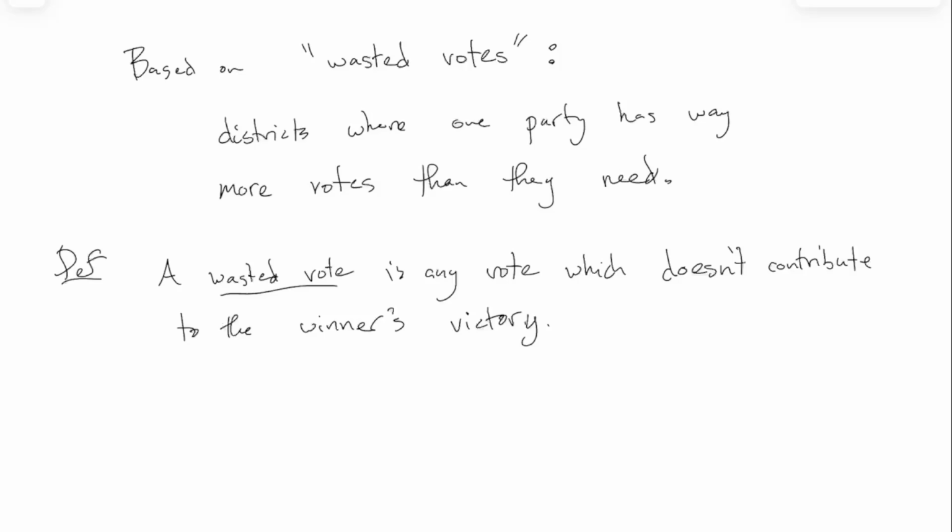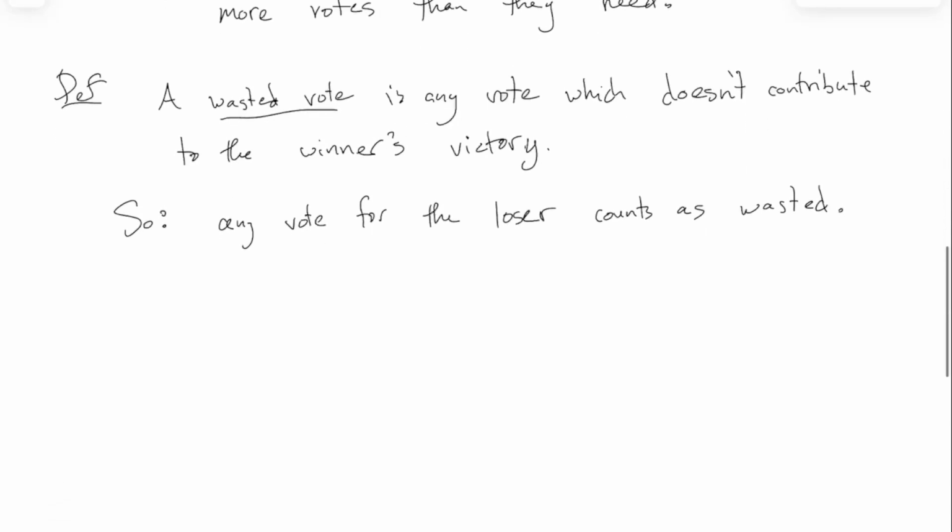And in particular, the details of how this works out is, any vote for the loser counts as wasted. I'm not trying to use this word wasted as having any moral content. I'm just saying this is a mathematical term. Anybody who votes for the loser, that counts as a wasted vote because this is not a vote which contributes to the winner's victory. All right, if you're voting for the loser, that counts as a wasted vote.